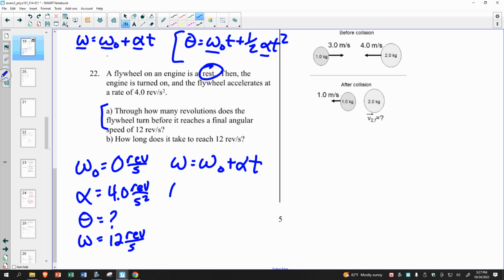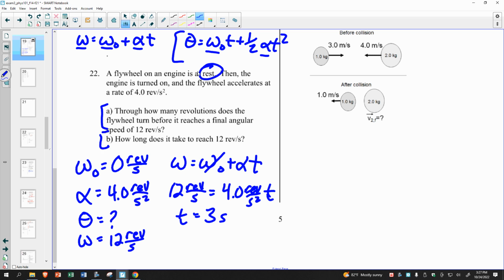Omega is 12 revolutions per second equals 0, I'll just leave that off, plus 4 revolutions per second squared times t. And I solve that for t. T, of course, is 12 divided by 4, 3 seconds, which, by the way, was the answer for part B.